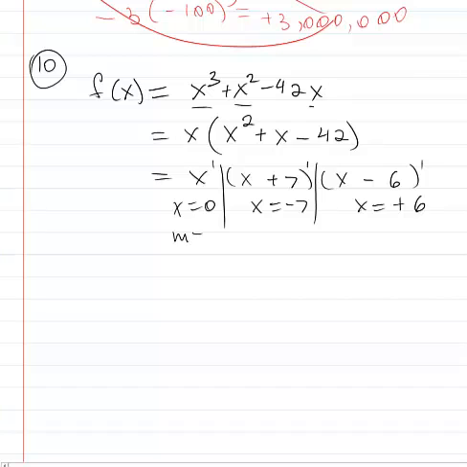So the multiplicity of each of them is 1, and therefore it's going to cross at every single root. That gives us answer choice C: 0, negative 7, and 6, and it crosses at every root.